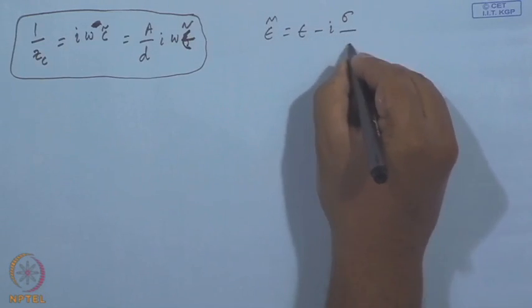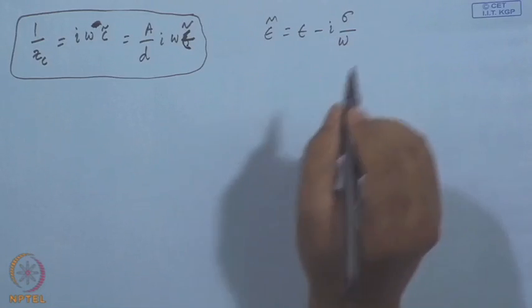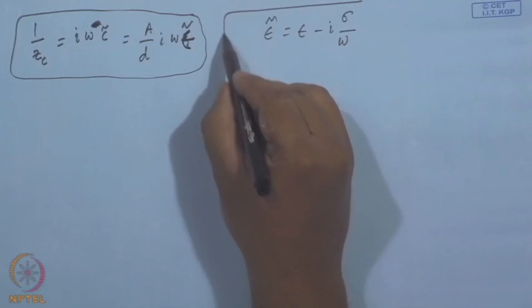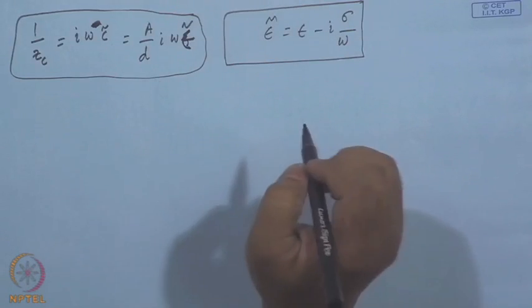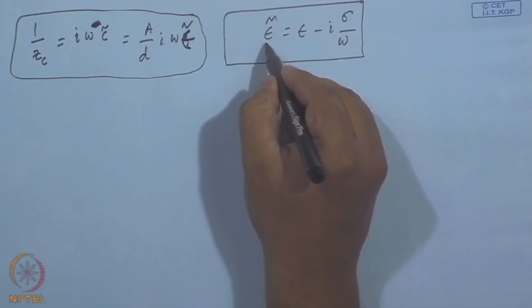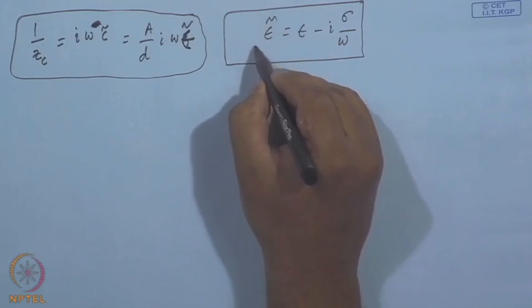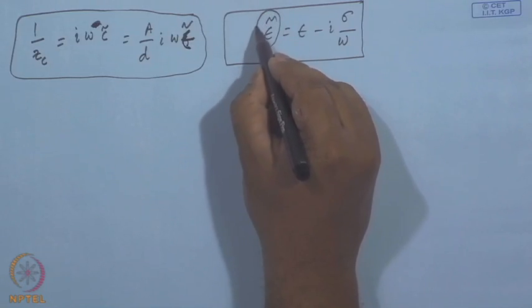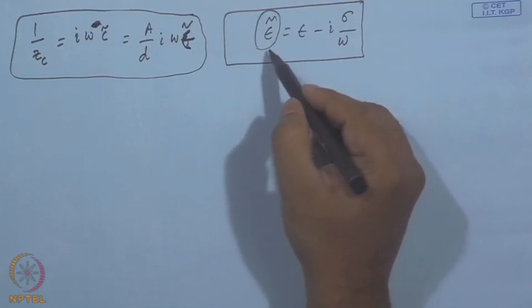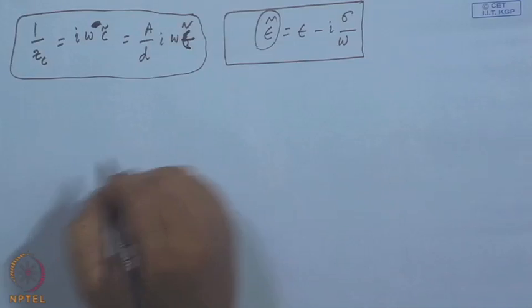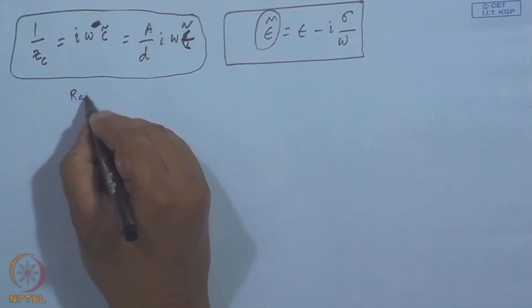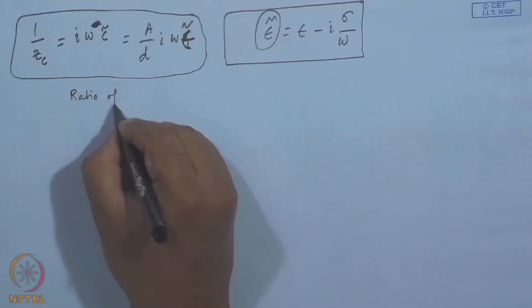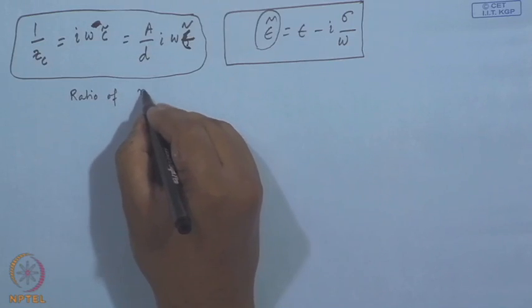So, this is something they will lead to. What this is all about is the complex permittivity that is defined this way.